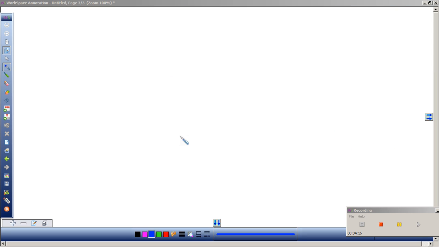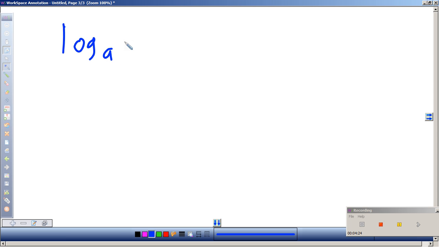So we want to talk about some properties of logarithms. Log base a of 1, what is it equal to?